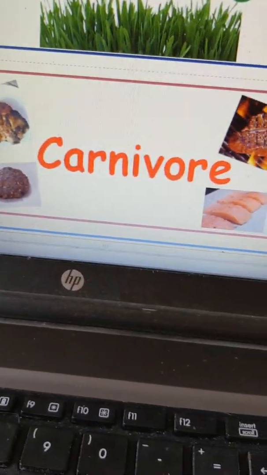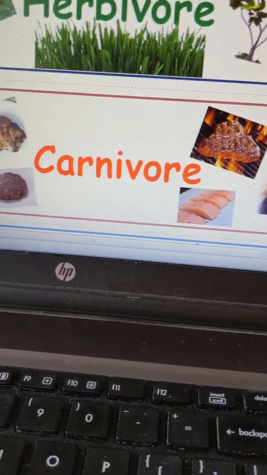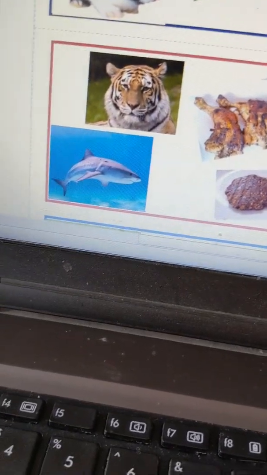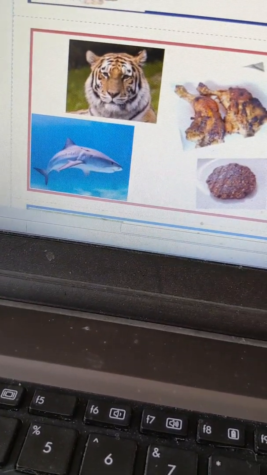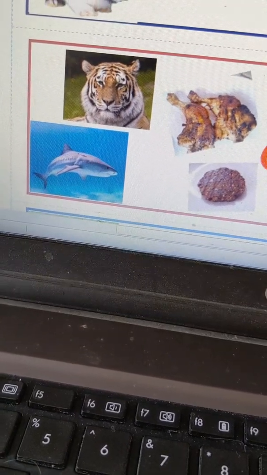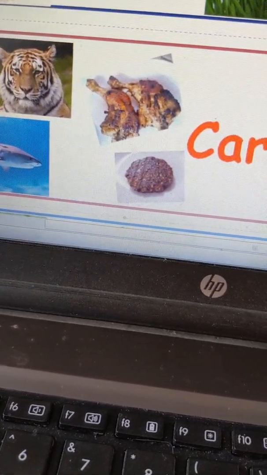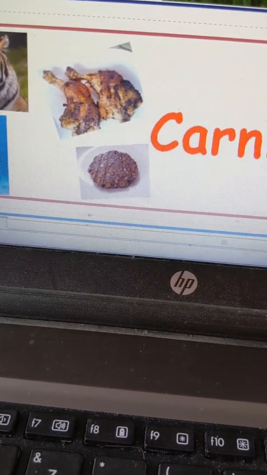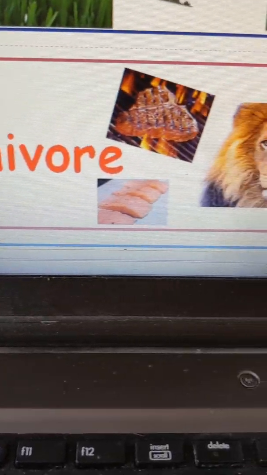Are they super sharp teeth? And do they usually have a lot of them? Yes, so God made these types of animals to have super sharp teeth so that they can bite into the meat and pull it apart.